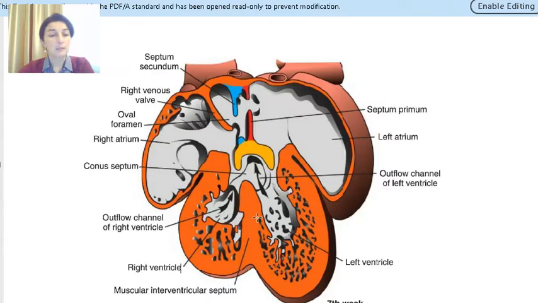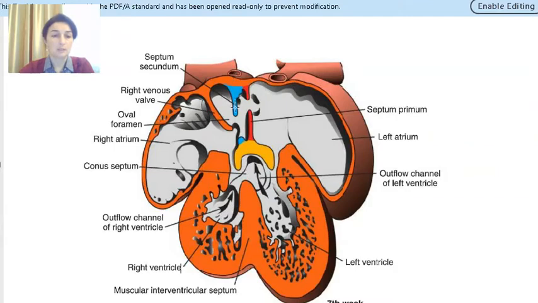Then from the endocardial cushions, the cells migrate and move downward, then they fuse with the muscular wall, and that will form complete separation of the right and left ventricles from each other.